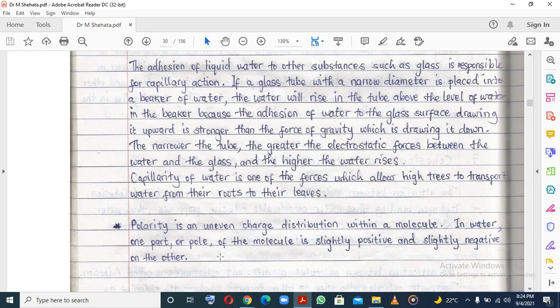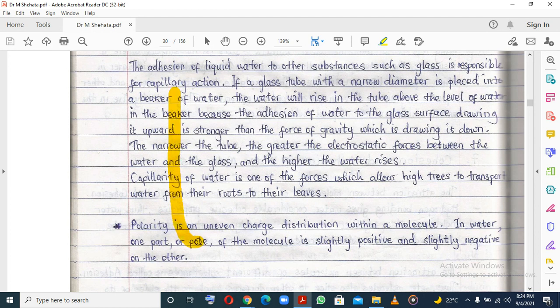It's all about adhesion of water molecules, which causes the capillary action. Now this experiment which is done here is basically to help you appreciate this particular principle.